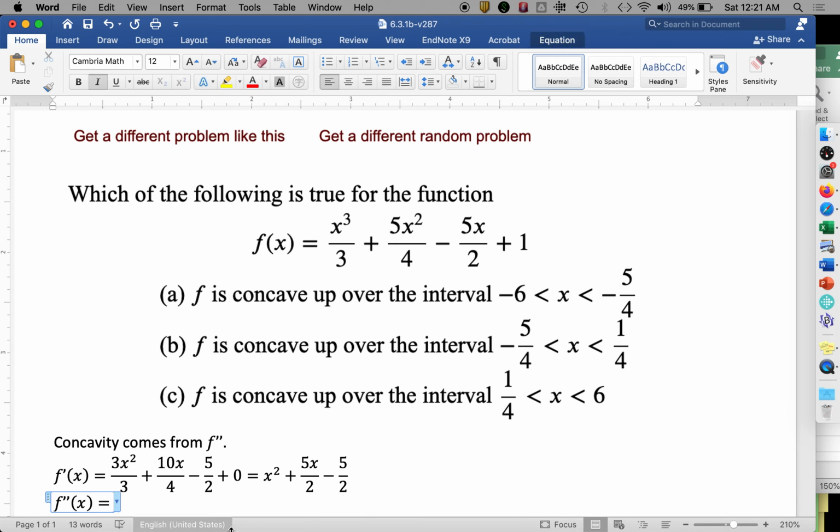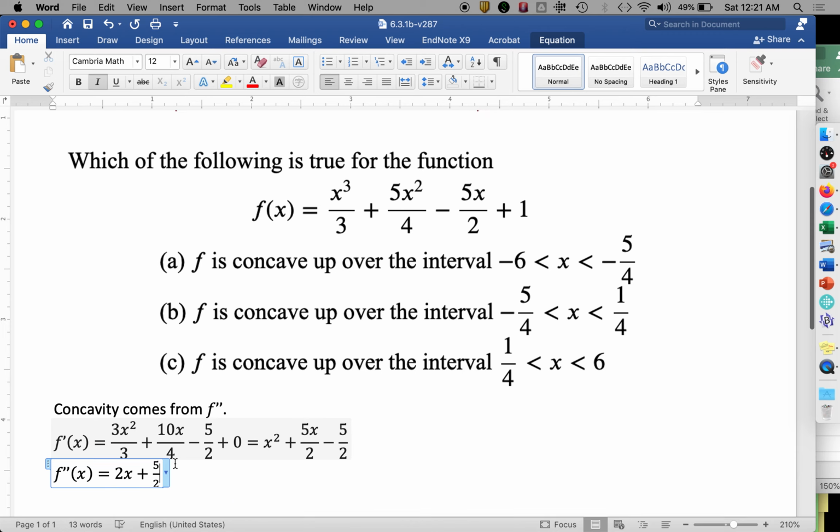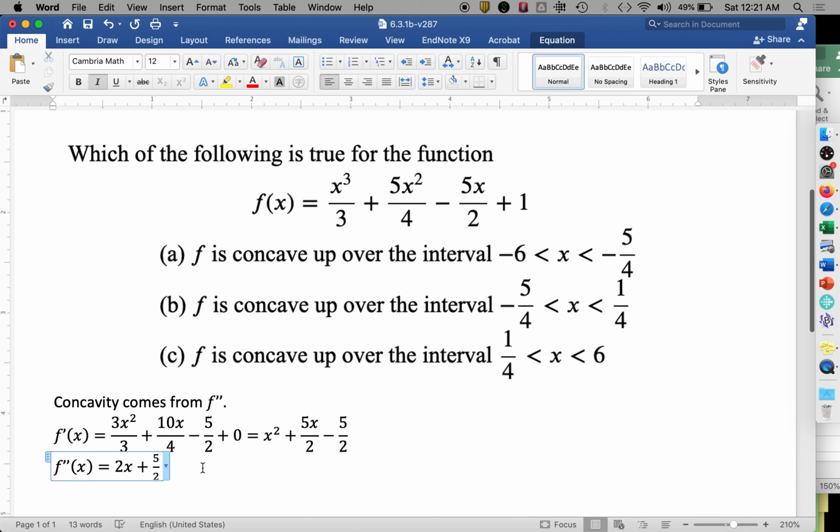Okay, the derivative of x squared is 2x. The derivative of 5x over 2 is 5 over 2. And the derivative of negative 5 over 2 is going to be 0, right? Because that's a constant. Okay, so next, to find our possible points of inflection, we set this equal to 0.